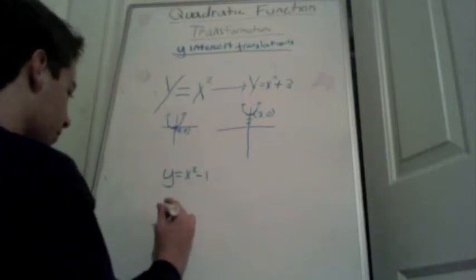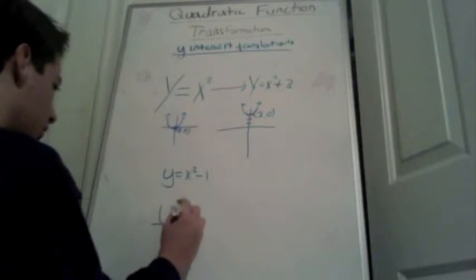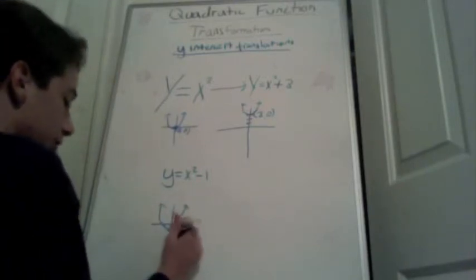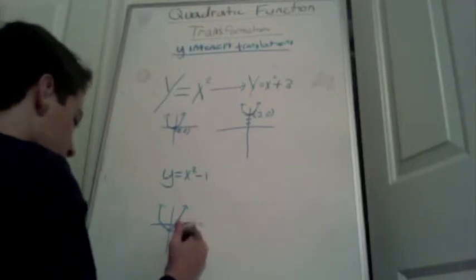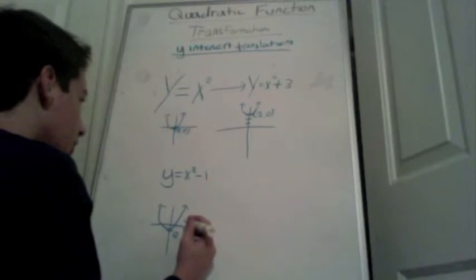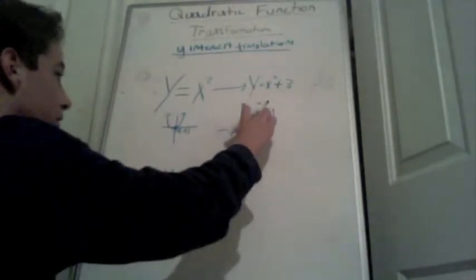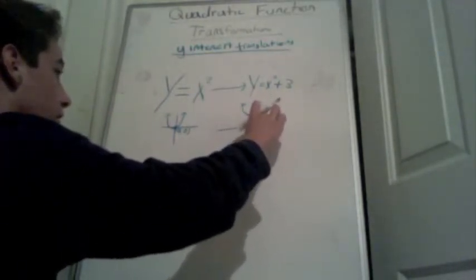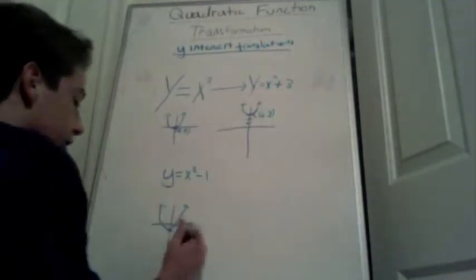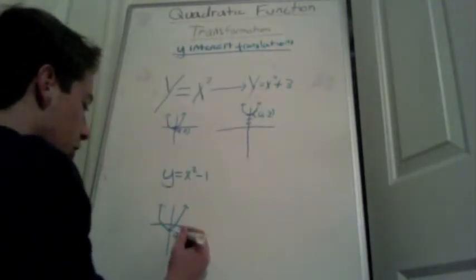Same slope and everything, so we're just going to draw y equals x squared, but since the vertex is down 1, your new vertex is going to be 0, negative 1.